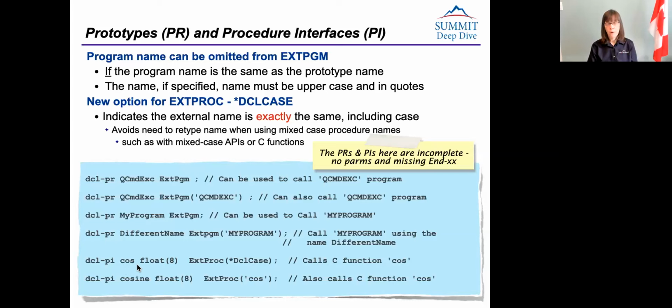The C function cos, lowercase, is important. If it was COS uppercase, that won't work. So you can either code it that way, as we used to, or you can use declare case and just say the way I wrote it in the PI is the way I want it. It is the name as it has to be.